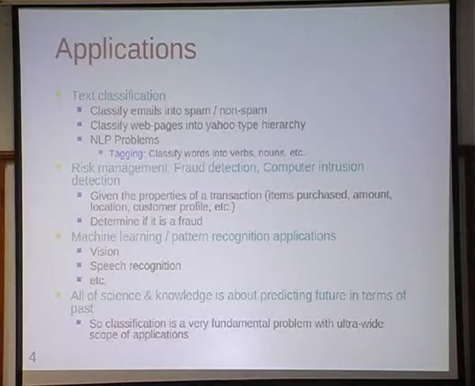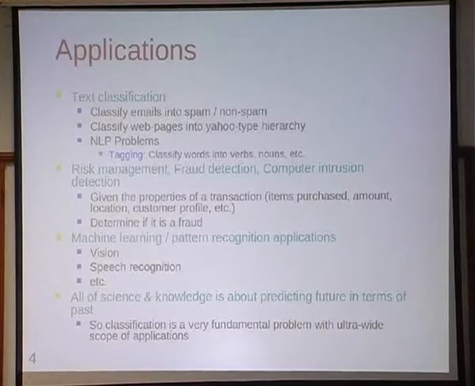Okay, and the last bullet here is saying that this is not just limited to these applications, but this is a very wide scope of applications, because all of science and knowledge, if you look at it, is about predicting the future in terms of what we know about the past. It's a kind of prediction.